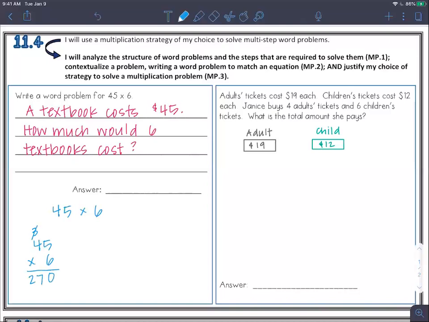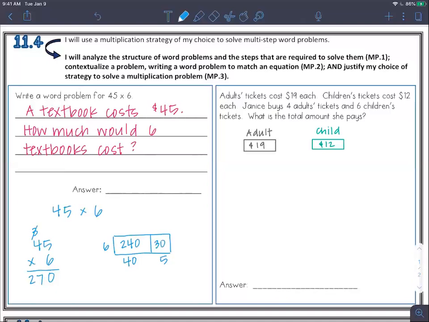Okay. If I choose to use partial products, I would draw my partial product this way. 6 times 45. And then 6 times 40, 240. 6 times 5, 30.